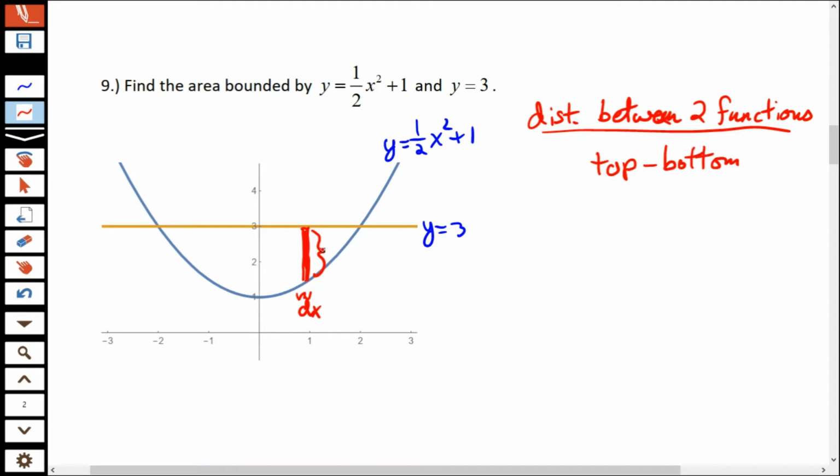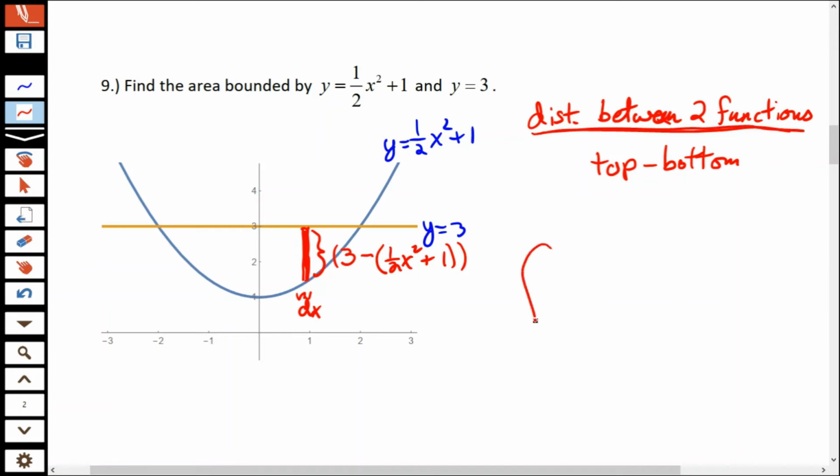Okay, this height here is going to come from the top function of 3 minus the bottom function 1/2 x squared plus 1. Please make sure you put in the functions with parentheses if you need, but top minus bottom will always give you a positive answer. The only time you have to be careful is if the top function and the bottom function intersect and switch, right? But so far there's not any examples of that happening here.